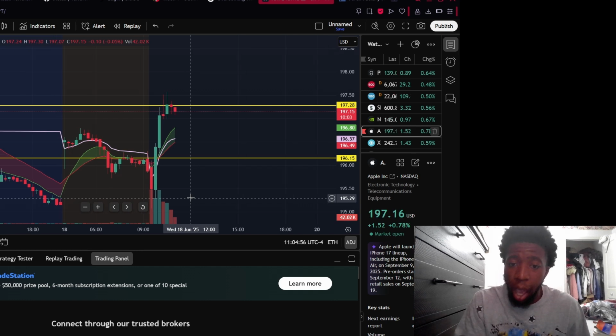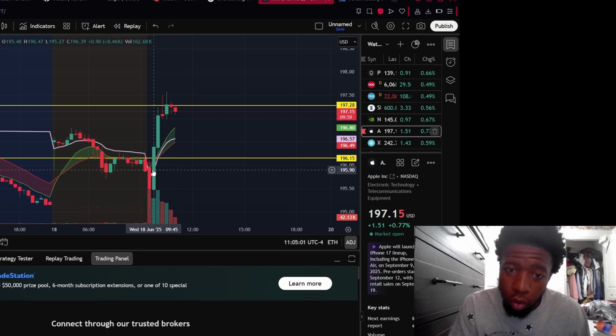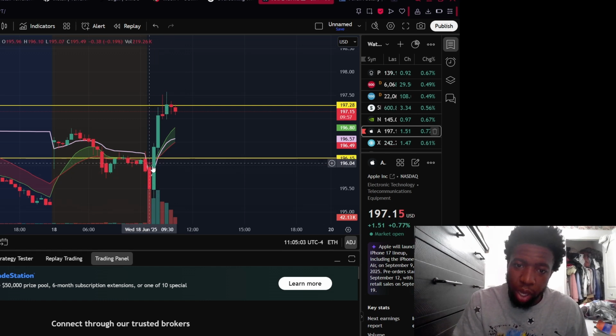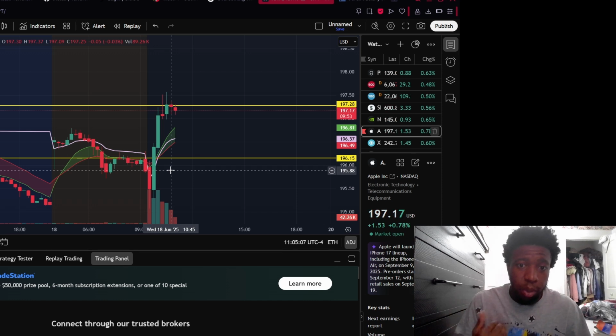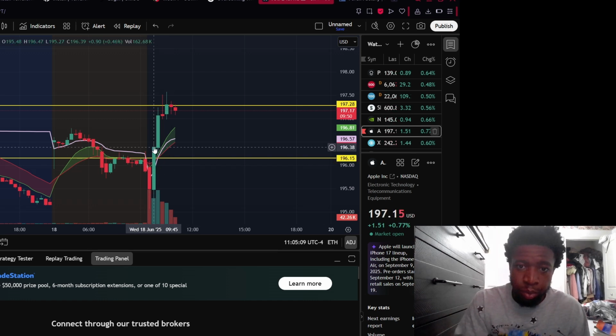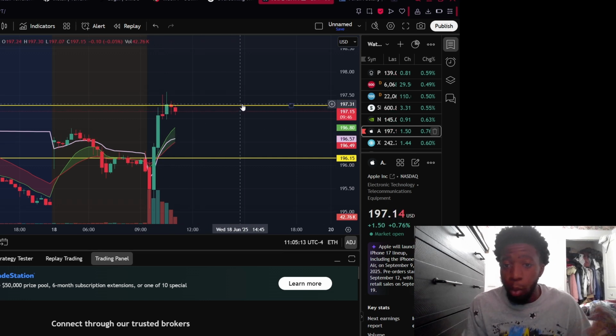Apple pretty much did the same thing, just made an engulfing candle around the VWAP and EMA cloud. This one's a little different because it broke a little bit past, but it ended up closing above. Currently it's at 197, and we'll have to see if it holds, or holds and pushes through, or retests.